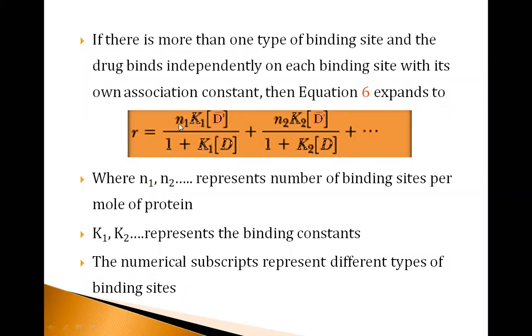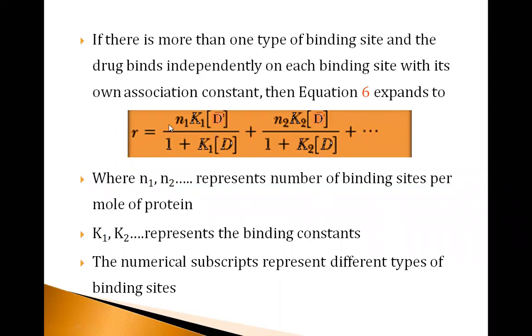So this letter N, you know that it is the number of identical binding sites. When I write N1, that is the number of identical binding sites of site 1. If I write N2, it is the number of identical binding sites of binding site 2.